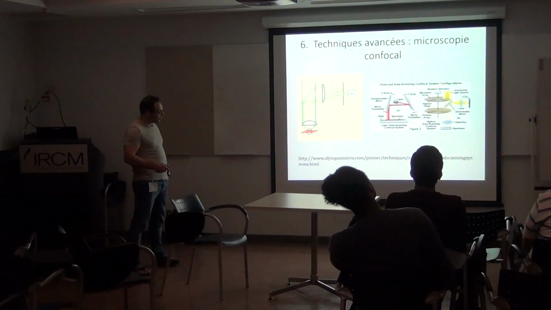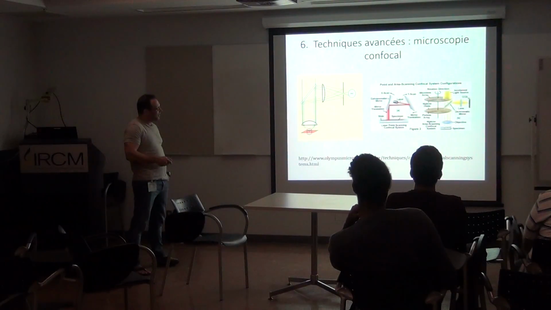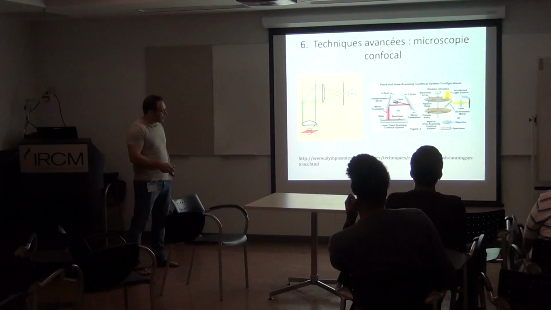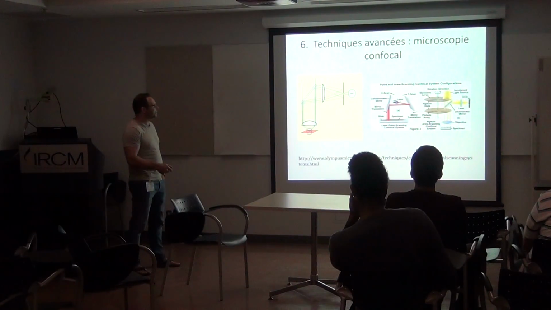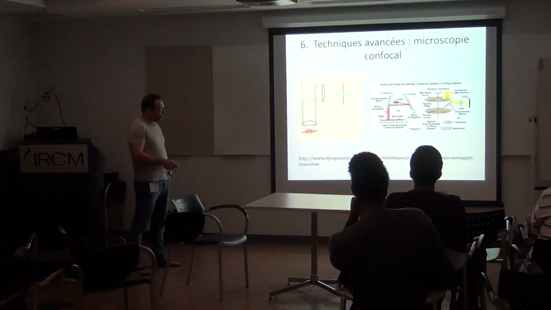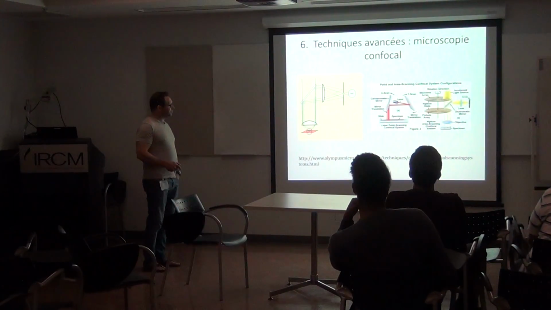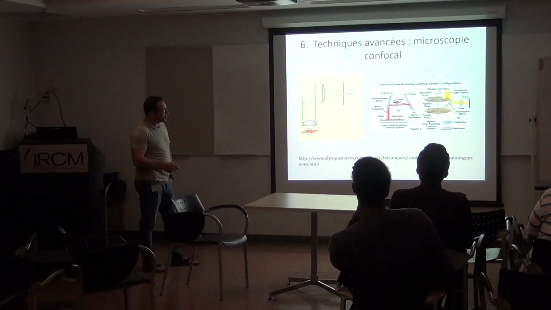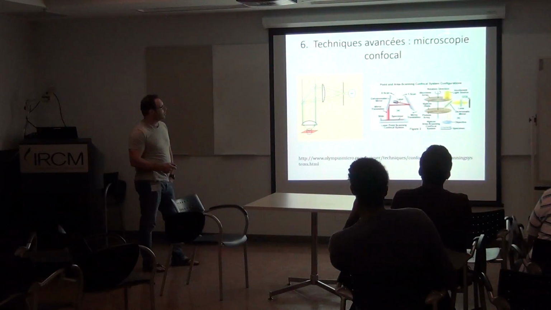Okay, and this spins, so it turns and makes some lines onto your specimen, and those lines are configured in such a way that all your specimen is illuminated proportionally, so you have the same amount of photons that arrive onto your specimen. So this principle is called the spinning disk confocal.